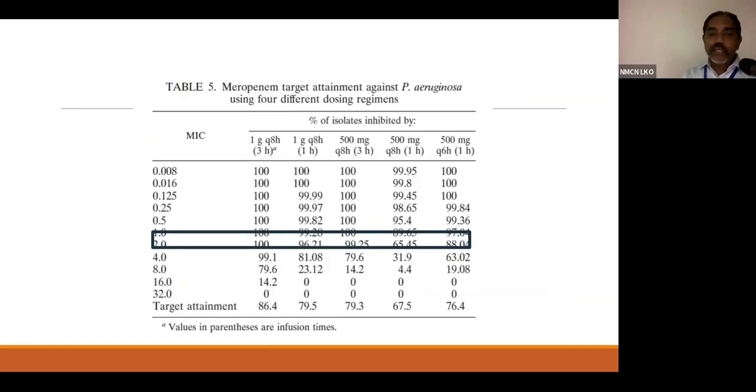For Pseudomonas, same thing. The antibiotics which we select should take into account the minimum inhibitory concentration in your antibiogram, and the dose which has got 95 to 99% suppression of the bacteria is the breakthrough point or the minimum inhibitory concentration at which the drug should be selected.